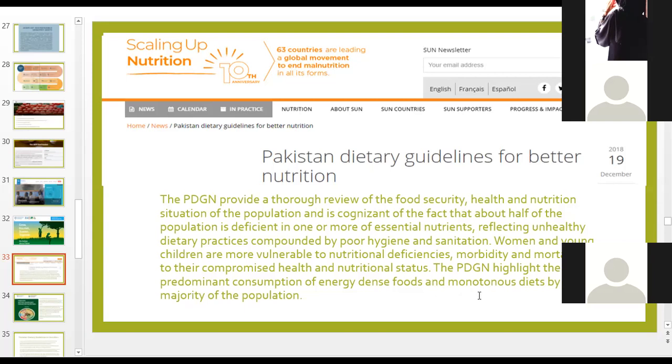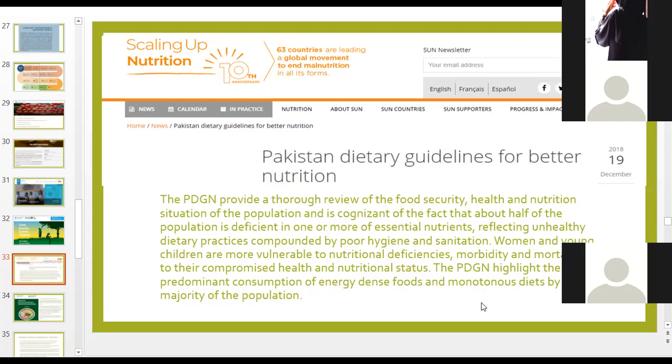The Pakistan dietary guidelines highlight the predominant consumption of energy dense foods and monotonous diets by the majority of the population. The diet does not include variety.